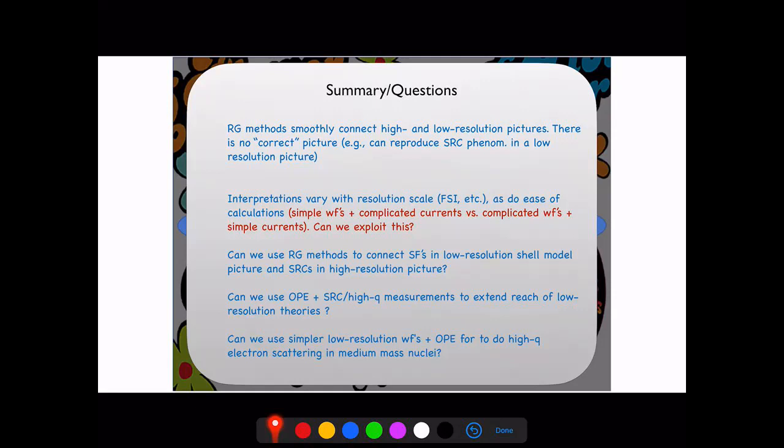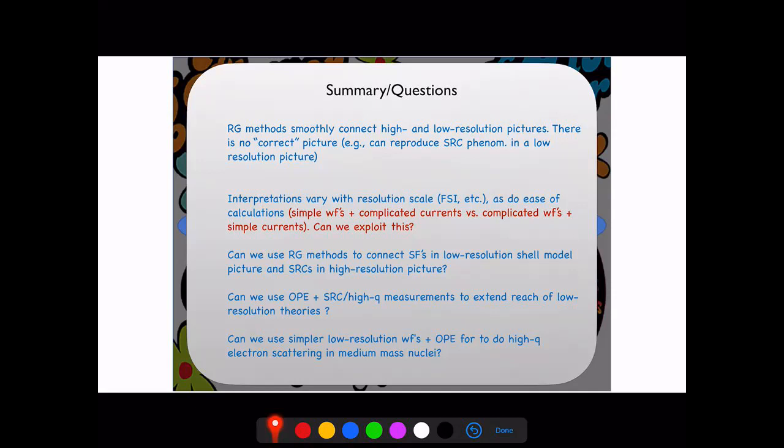Another thing, connecting more to conventional low energy nuclear physics: can we use these RG methods, for example, to connect spectroscopic factors, which are inferred in a low resolution shell model picture, with SRCs in a high resolution picture?